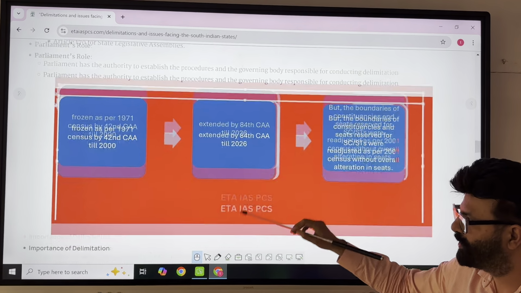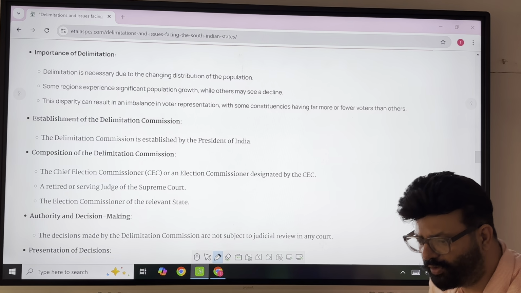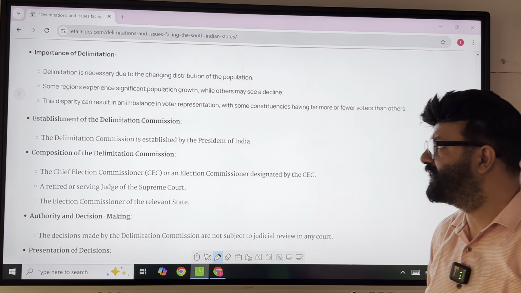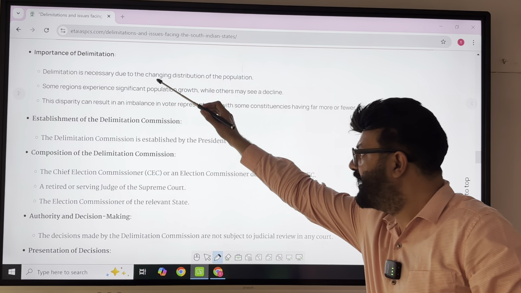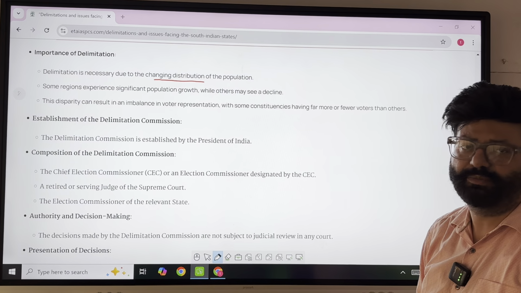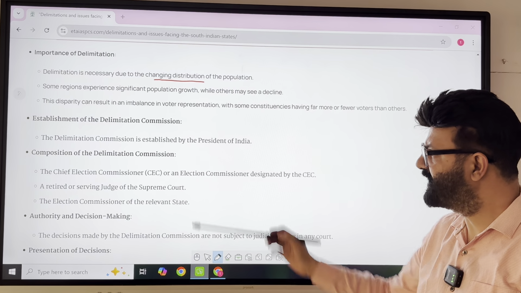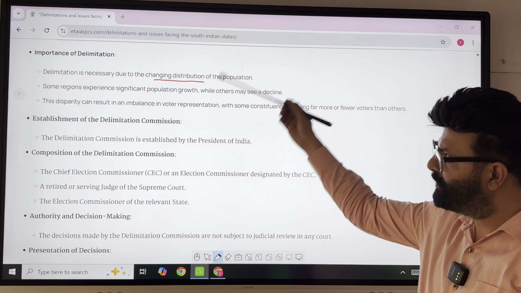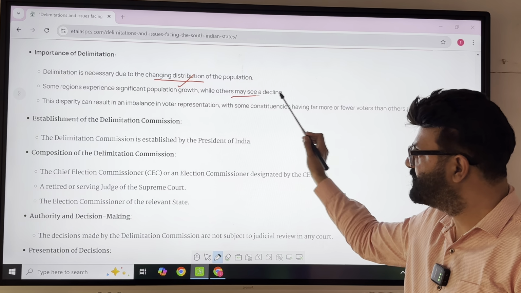Now coming on to next thing, what is the importance of delimitation? So now look, delimitation में हमें क्या पता लग रहा है? We are able to get the changing distribution of the population, कि how distribution is altering throughout these years. Second, अब आपको पता है some regions can experience significant population growth while others may see a decline.